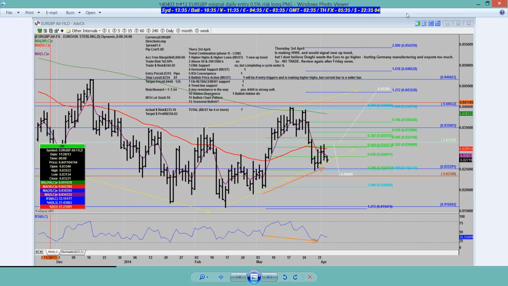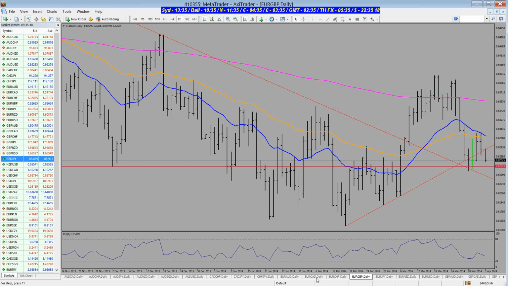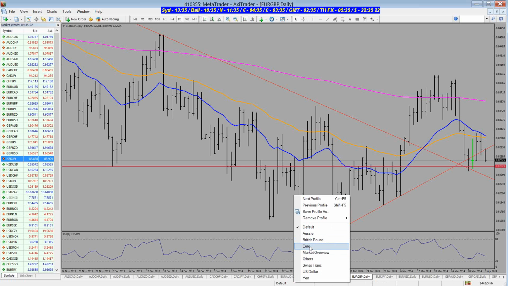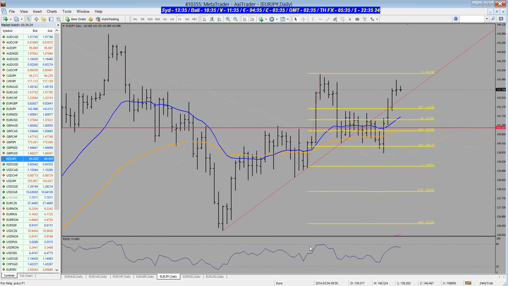In terms of the euro, I think it's due for a run higher. Everything else has run, and it hasn't. You look at all the euro crosses, and you can see that it's performed poorly against most pairs, except maybe the euro yen, but it's performed worse than, say, the Swiss yen.